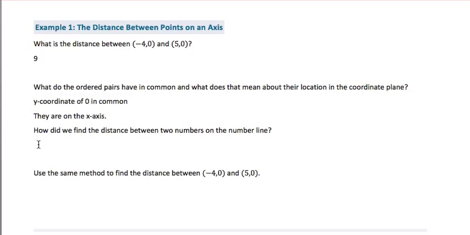We found the distance between the 2 numbers on the number line by counting from -4 to 0 and then 0 to 5.